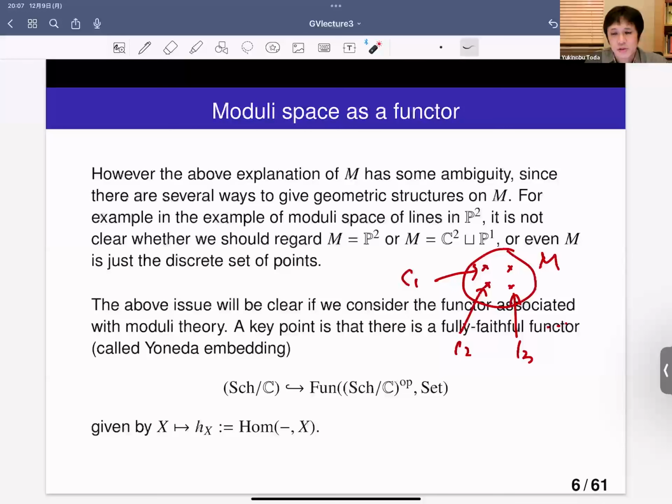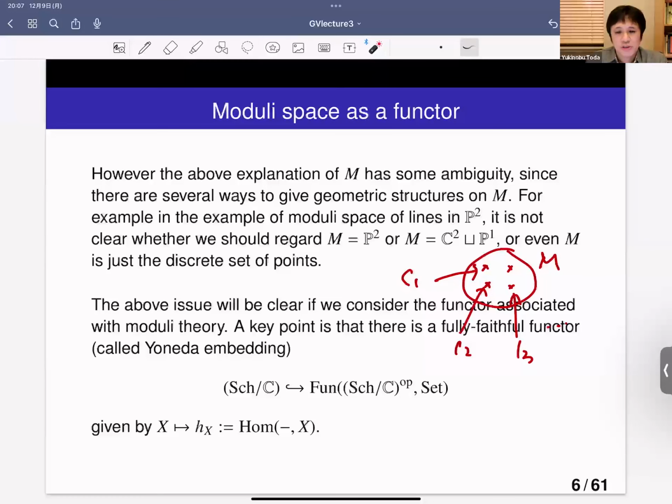That is, not only do we consider some space which has a one-to-one correspondence with the geometric objects, we also consider families of such geometric objects, and that forms a functor from the category of schemes to sets. Then we consider a space which represents such a functor.